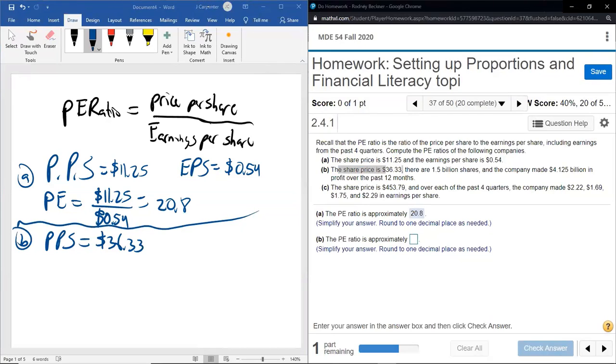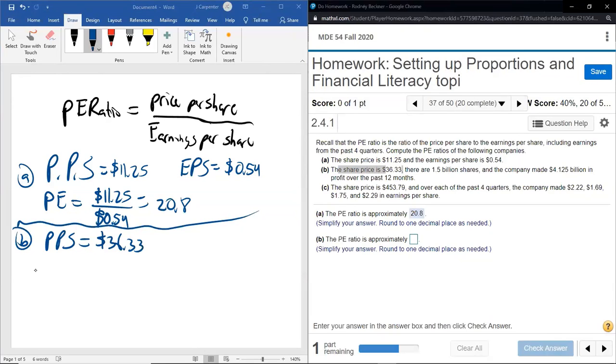The fact that these numbers are in billions is generally a clue to say, well, I'm not just going to be dividing these two things. The two things we're dividing are prices. Dollar amount, dollar amount. 1.5 billion shares is not a dollar amount. This is a dollar amount, but it's a ridiculously large dollar amount because it's all of the earnings, all of the profit, not a profit per share.